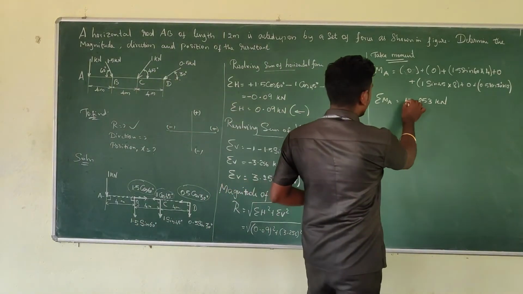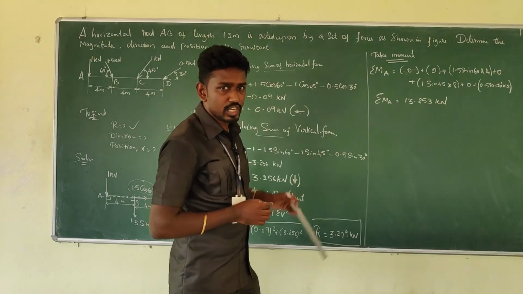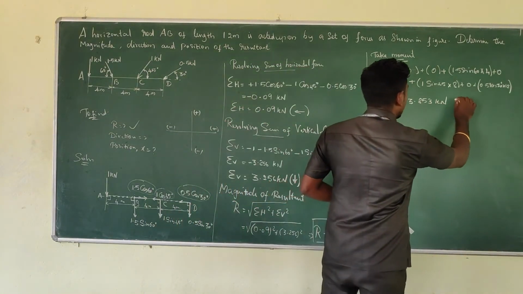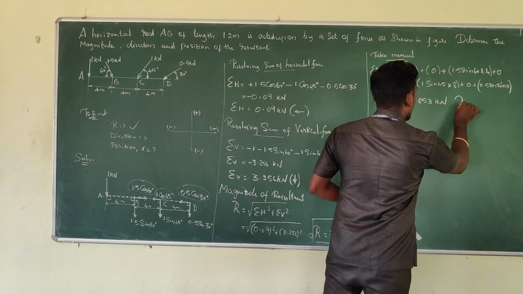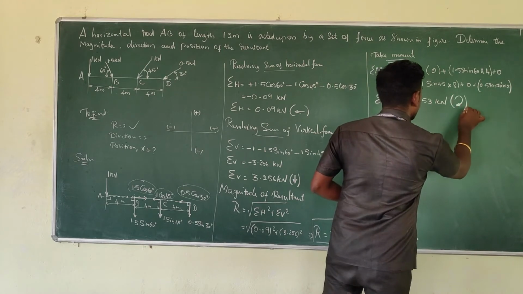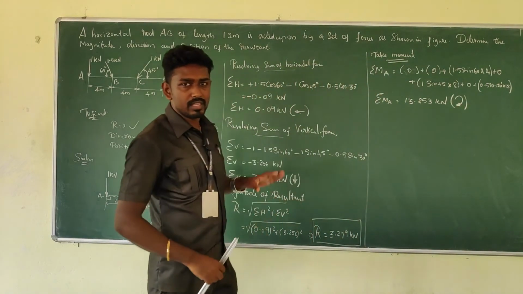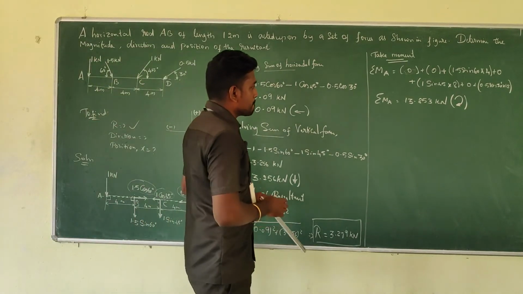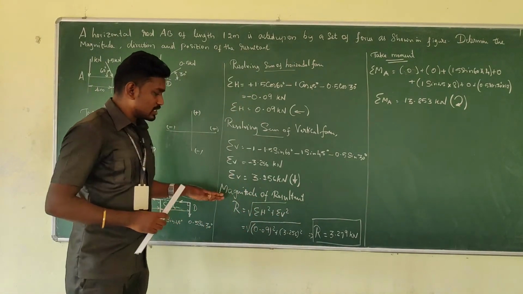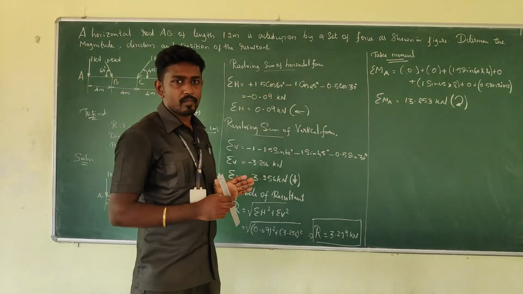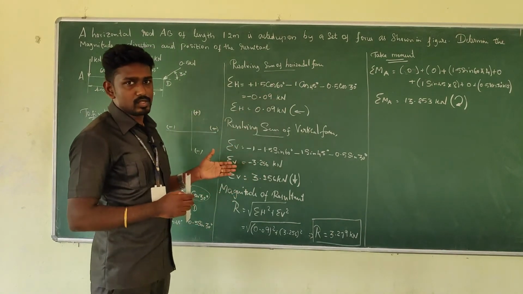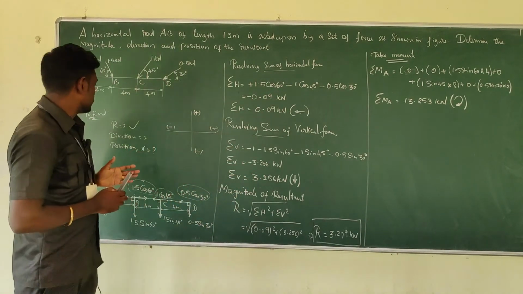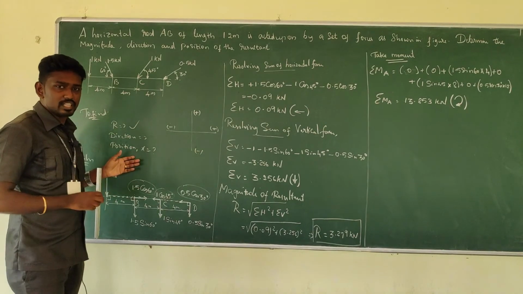Here the answer is positive, so we can say the moment acting is clockwise. Now we found the resultant moment. And the next thing is we need the direction. The direction needs to be found.